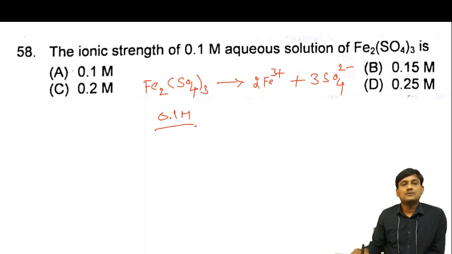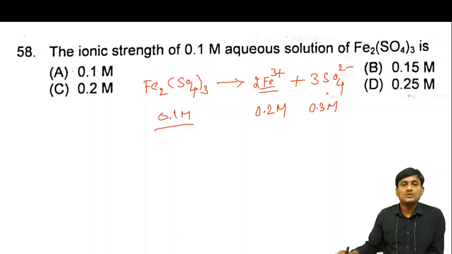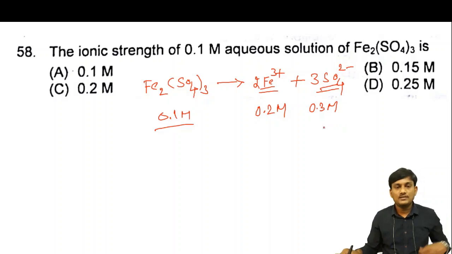When this one is completely dissociated into ions, then what is the concentration? 1 mole of Fe2(SO4)3 releases 2 moles of Fe3+, so it will be 0.2 molarity, and this one releases 3 moles of SO4 2-, so into 3 it will be 0.3 molarity. So the concentration of Fe3+ is 0.2, the concentration of SO4 2- is 0.3.